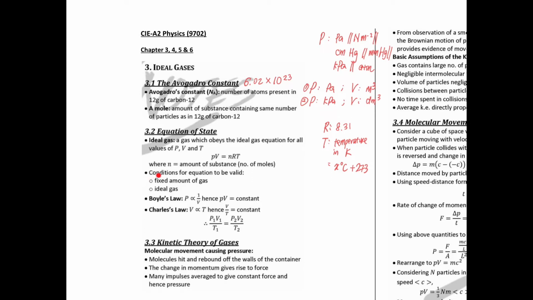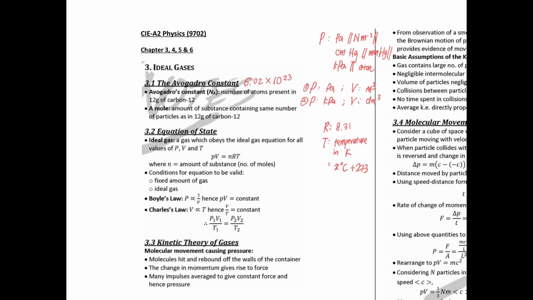Next point. Conditions for the equation to be valid, we must have a fixed amount of gas. That means your n, the number of moles, must be the same throughout the whole experiment. It must be an ideal gas also.